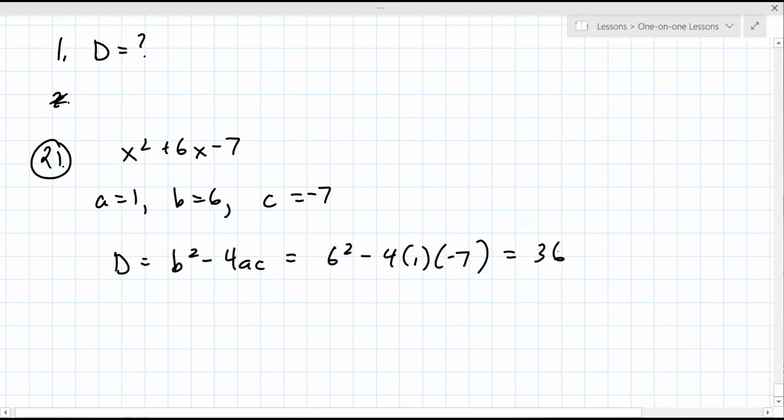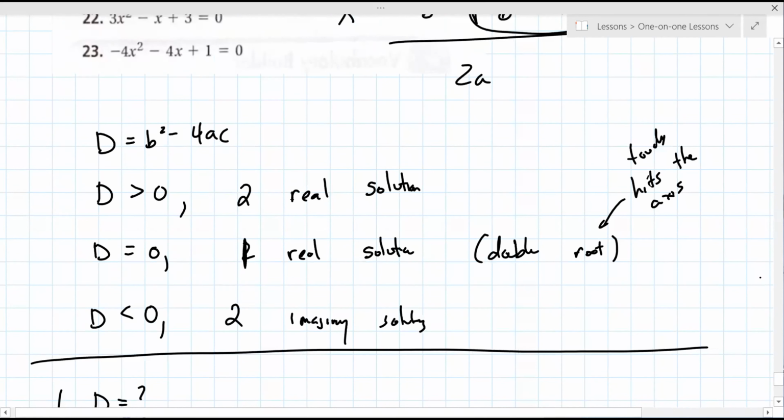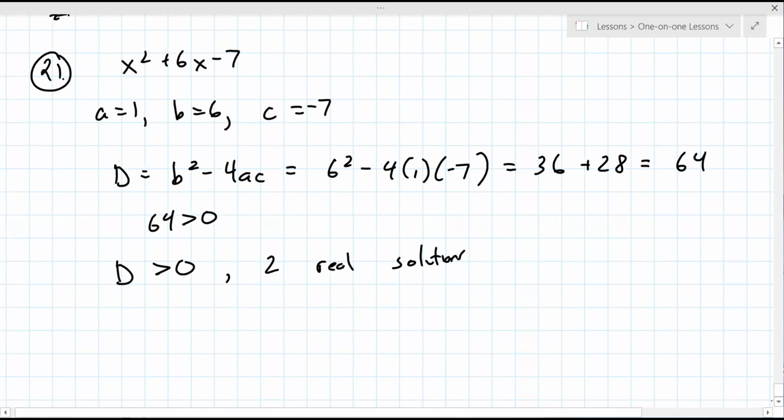So that's 36 plus 28. It equals 64. 64 is greater than 0. So we can say the discriminant is greater than 0. And then you just scroll up and you'll have this memorized in your notes, but it has 2 real solutions. So you'd say 2 real solutions. It's not okay to say just 2 solutions. You have to be very specific: real, imaginary.